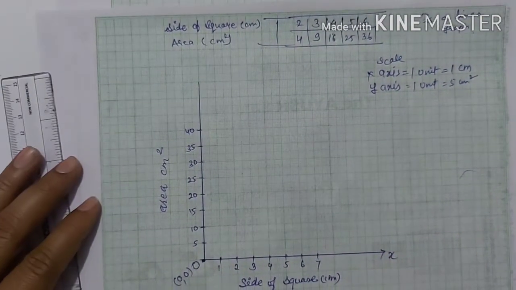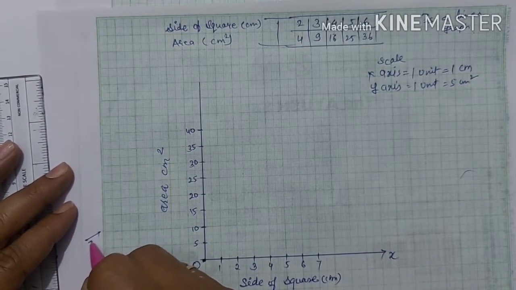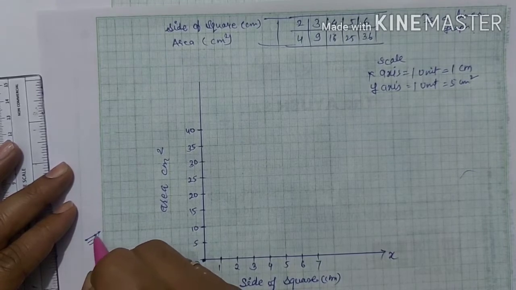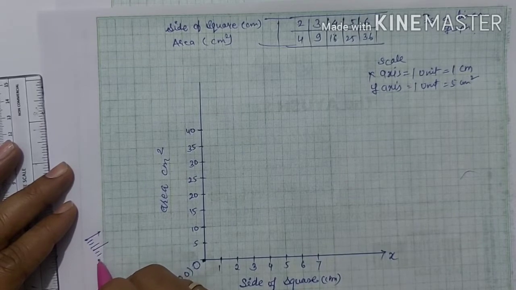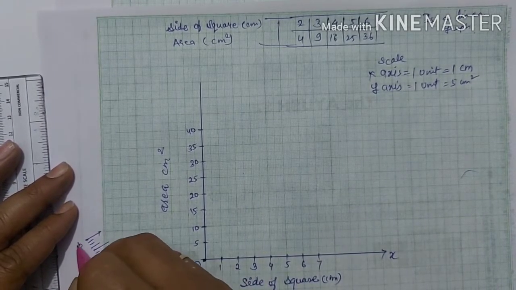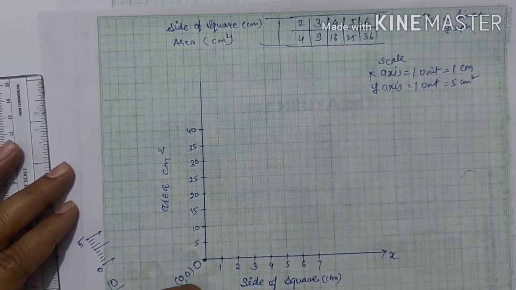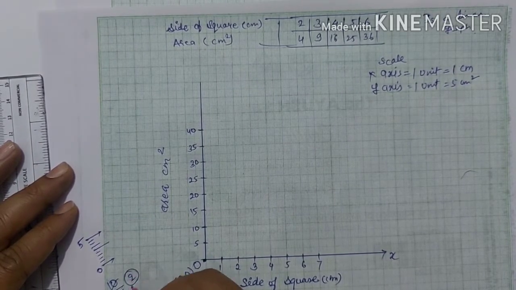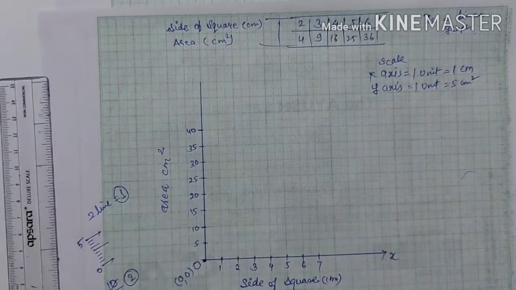In this problem we have 10 lines. Suppose here is 0 and here is 5. How many lines? 10 lines, divided into 5 parts. It means 2 lines is equal to 1 centimeter square.